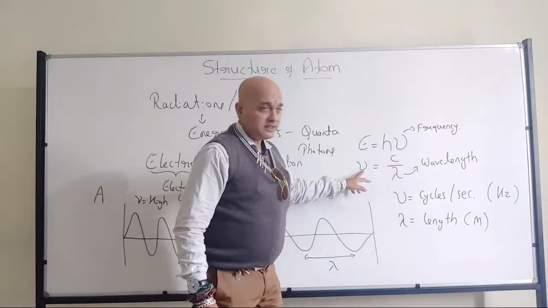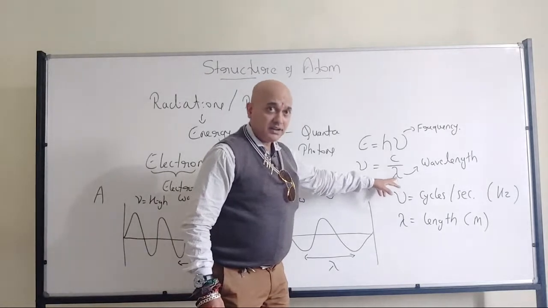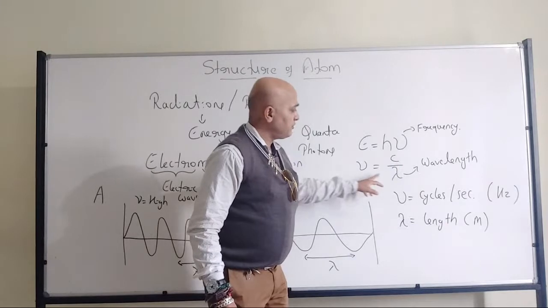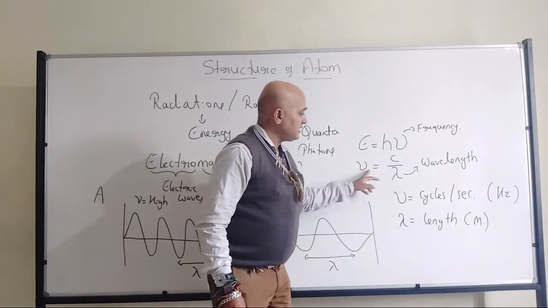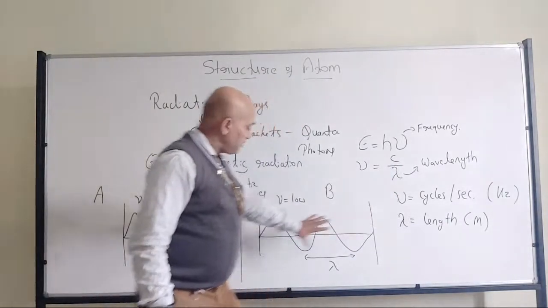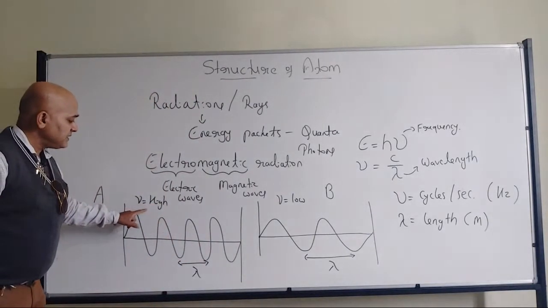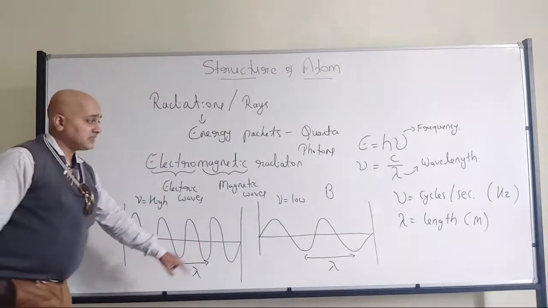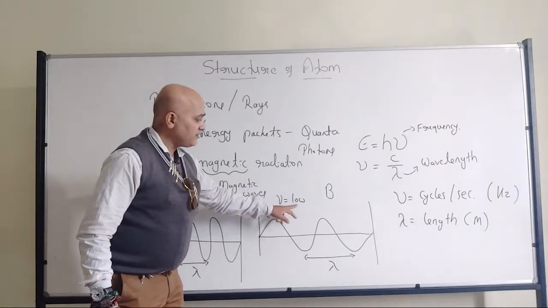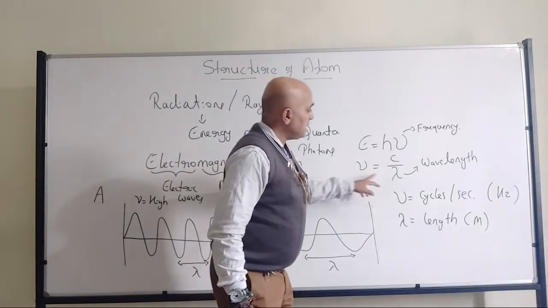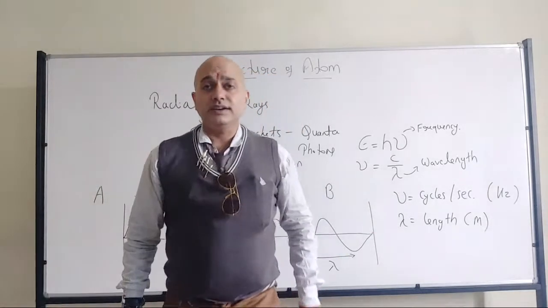Nu is frequency, lambda is wavelength. Nu is in the numerator and lambda is in the denominator. Therefore, they are inversely related. As there is an increase in the frequency, there is a decrease in the wavelength. As there is a decrease in the frequency, there is an increase in the wavelength. That's why they are inversely related.